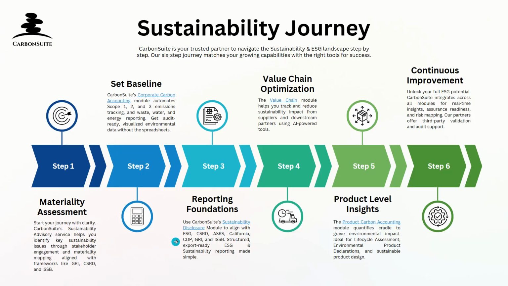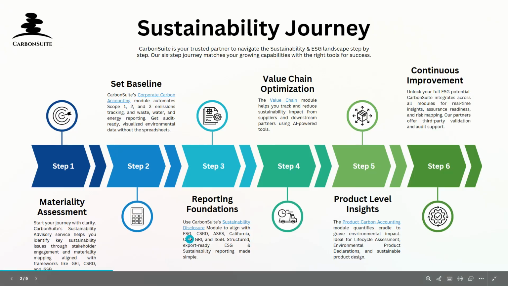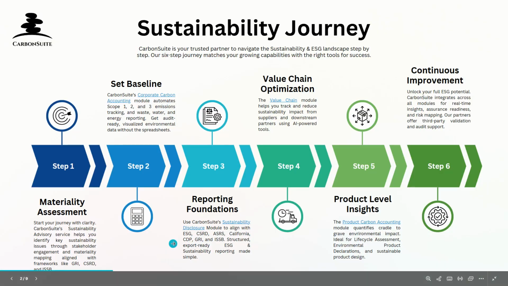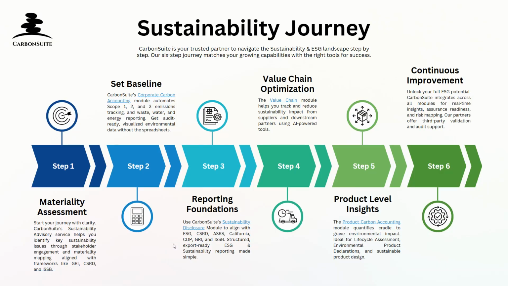Then you've got CDP, a general purpose voluntary disclosure framework for sustainability information. GRI, the Global Reporting Initiative, which we mentioned in the last video, and the International Sustainability Standards Board. Lots of acronyms. The big picture within these frameworks is that it's a way to disclose a consistent and accurate picture of your organization's sustainability footprint.